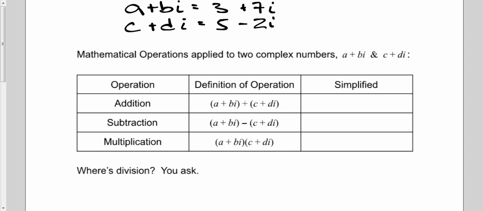So, how would I add a plus bi to c plus di? 3 plus 5. So I add the real part, right? And I get 8. And then I add the imaginary parts, and I get plus 5i. So I'm adding the real component and adding the imaginary component.